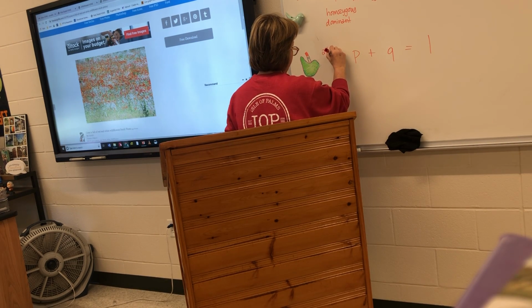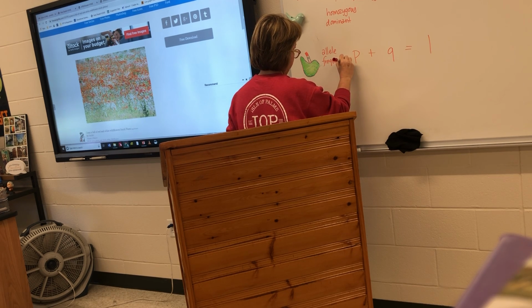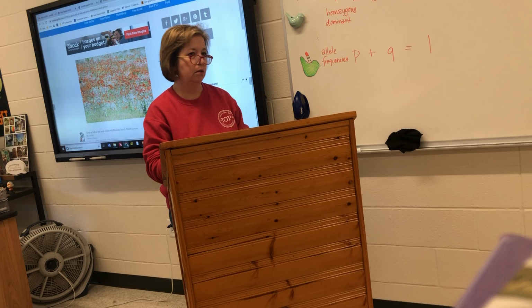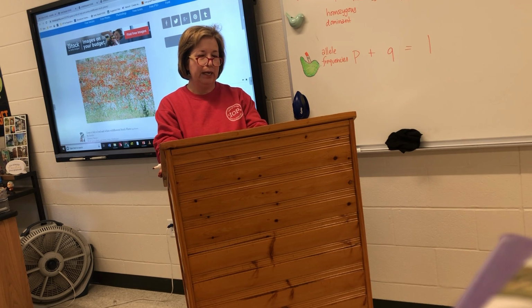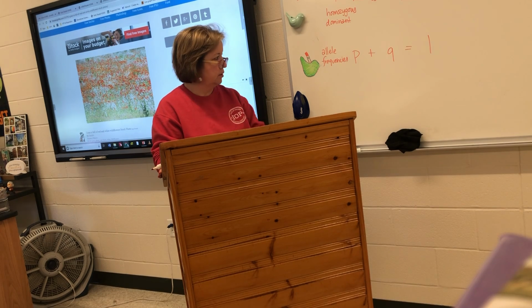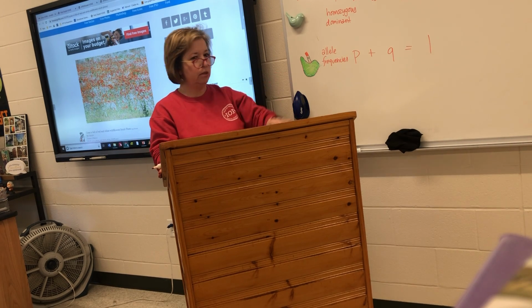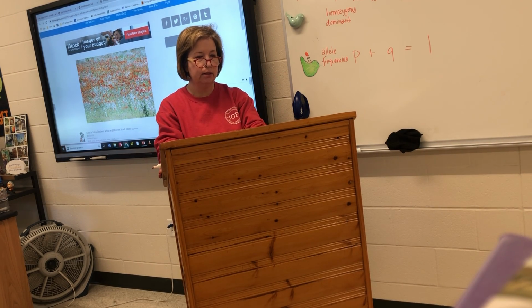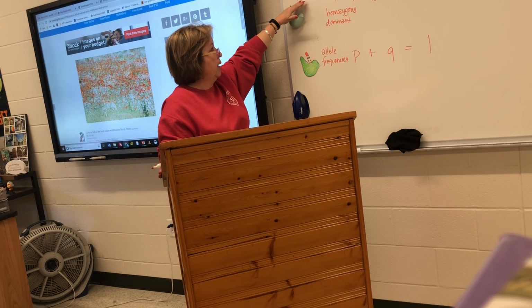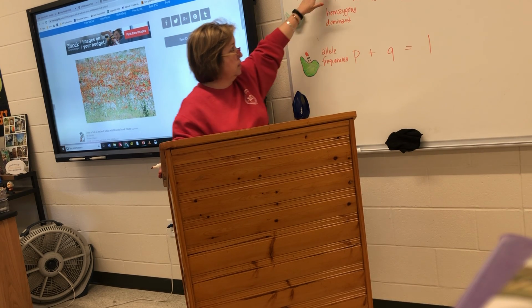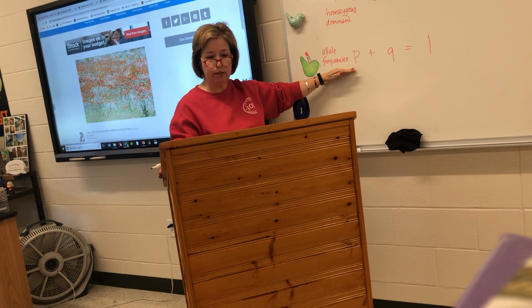P and Q are allele frequencies. Okay? So when it asks you the frequency of the big R allele, this is the equation that will help you figure that out. Genotype or population frequencies uses this one. Allele frequencies uses this one.